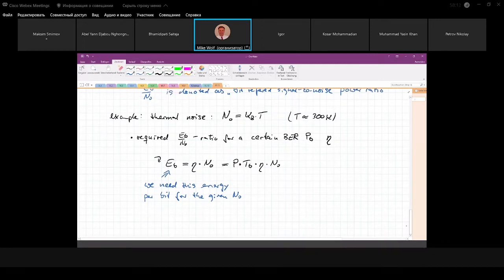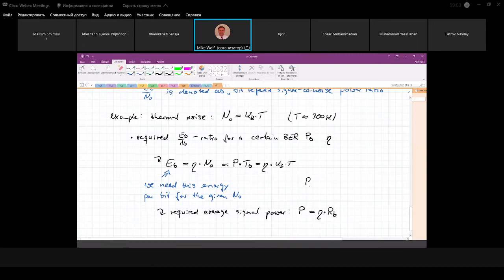And now you can see this is equal to an expression times the temperature, and therefore the required signal power, scaled in watts, P, is equal to the required signal to noise power ratio times the reciprocal value of the bit interval, which is the bit rate.